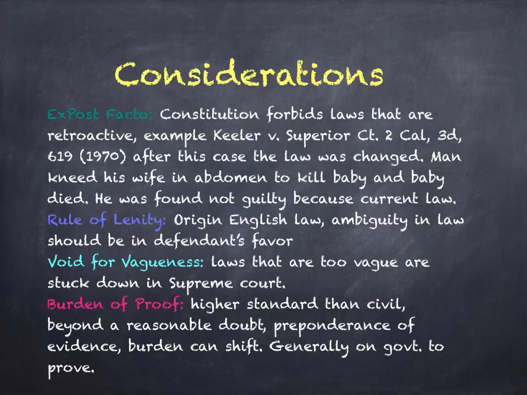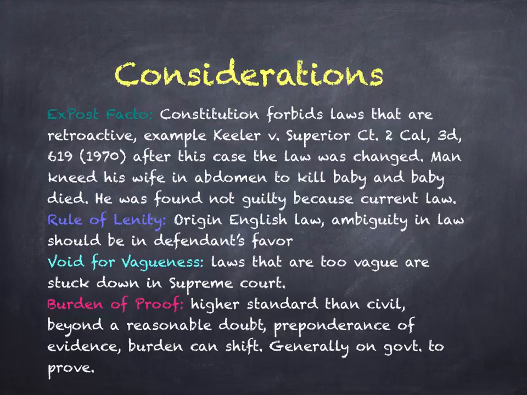Anyhow, okay, there's the rule of leniency. This is born out of English law, and it is basically that ambiguity in the law should be held in the defendant's favor. That's the reasonable standard. If a reasonable person is not going to be able to understand that, then they might rule in favor of the defendant.